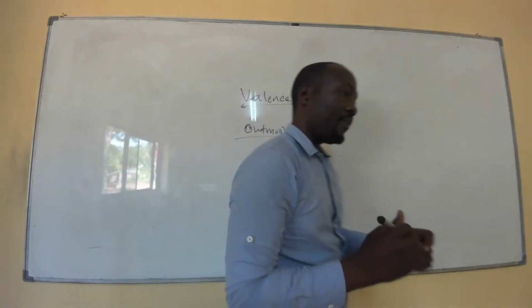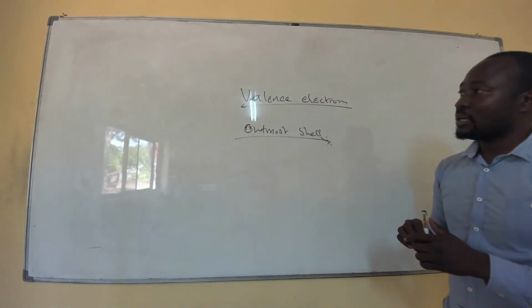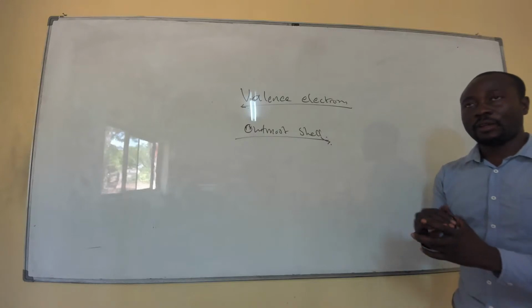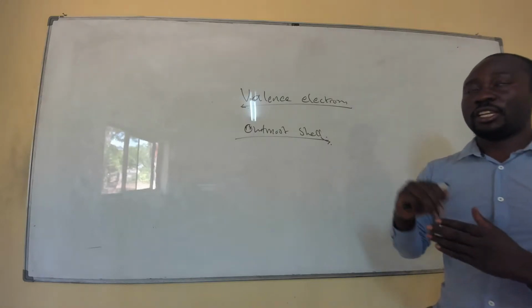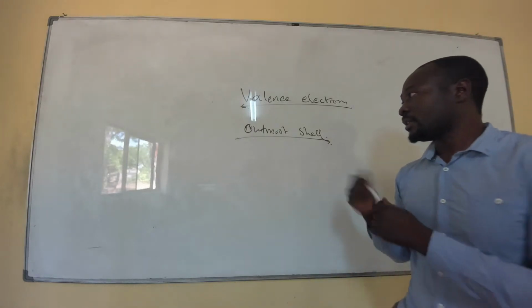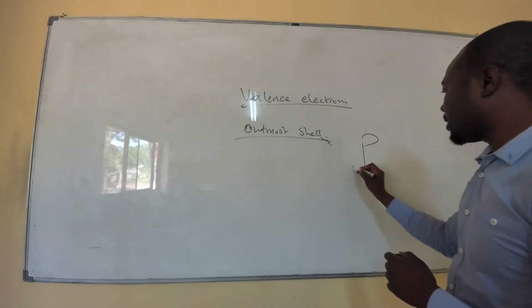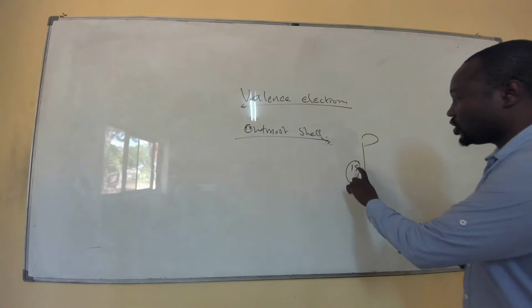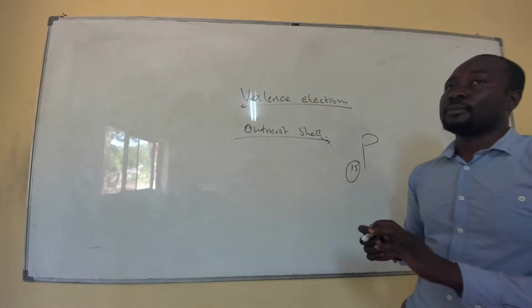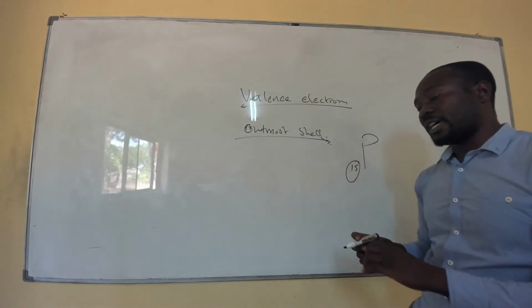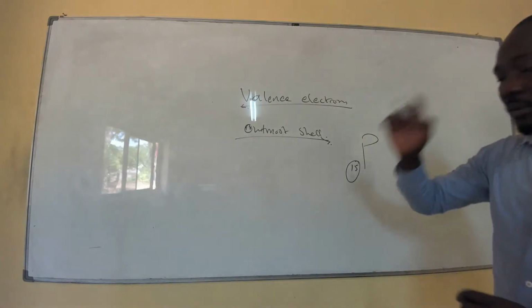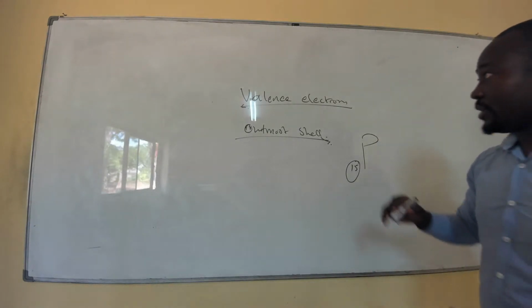Basically, we were trying to write the quantum numbers for each electron. Now, phosphorus is P15. You can actually write the quantum numbers for each and every one of these, meaning 15 electrons, and it will be a bit cumbersome. So, just a quick revision.